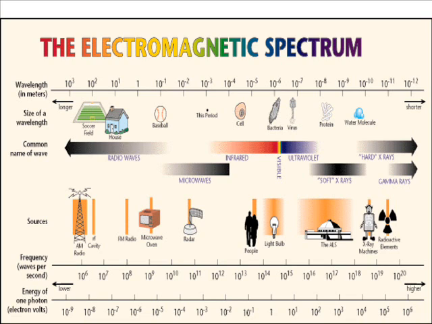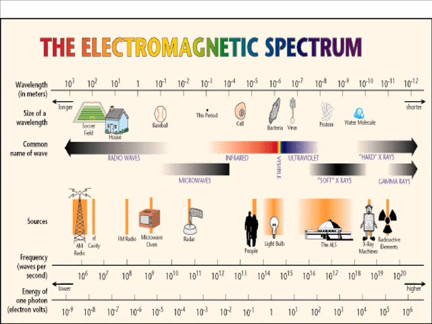This is another diagram of the electromagnetic spectrum, and what it shows is the wavelength of the different types of waves, and it shows different sizes of the wavelength, ranging from the size of a soccer field to smaller than a water molecule, and the common names of the waves range from radio waves, microwaves, infrared.